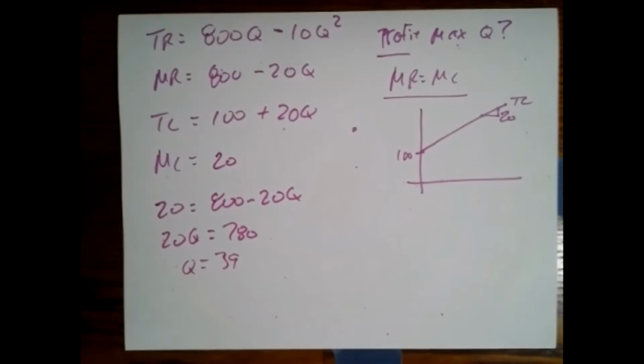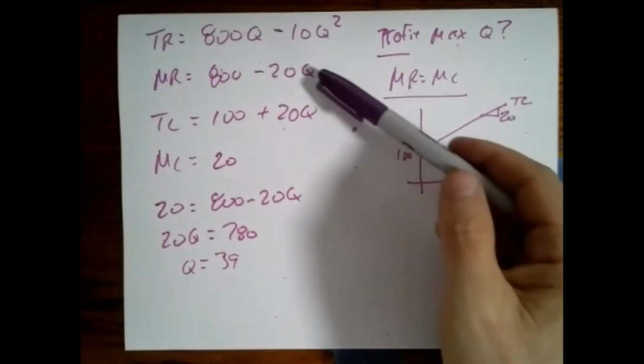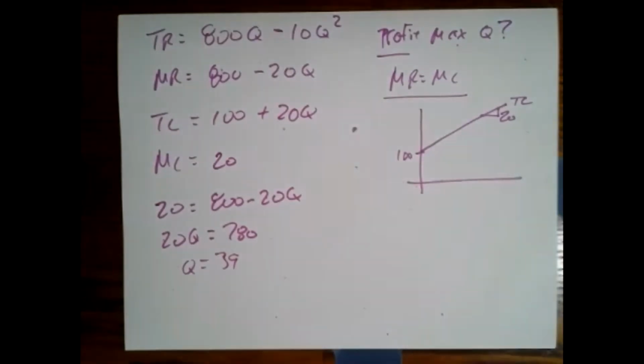So we've really already done this math in chapter 11. The only thing we're doing is reversing which line has the squared function. In chapter 11, the cost curve had the squared function. In chapter 13, the revenue curve has the squared function.